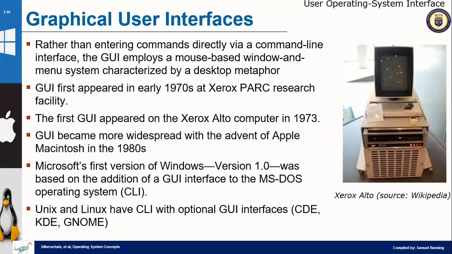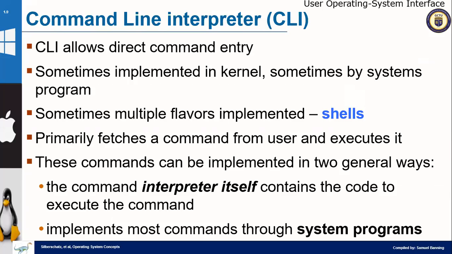So these command line interpreters have different flavors depending on the operating system that you are using. For example, I'm sure you have heard of the Bourne shell. The Bourne shell is an example of the command prompt. We also have the C shell, which is also an example of the command prompt.